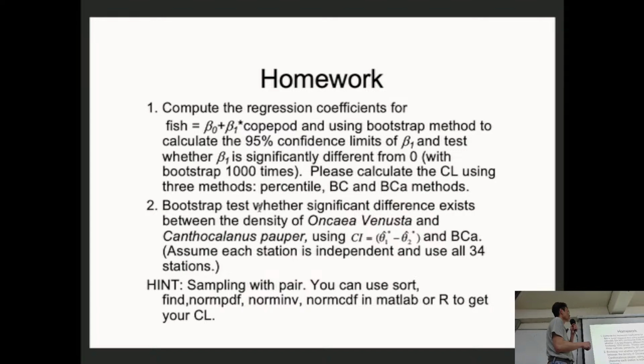Right? Here, you are going to have a hypothesis test of whether the regression is significant, right? Which is equivalent to whether beta 1 is 0 or not, right? If beta 1 is significantly different from 0, then we reject the null hypothesis, right? In a regression, instead of the F test, we can have a T test on the coefficient. In regression analysis, there are two ways to evaluate whether the regression is significant.